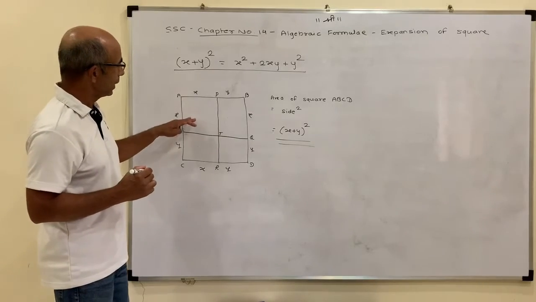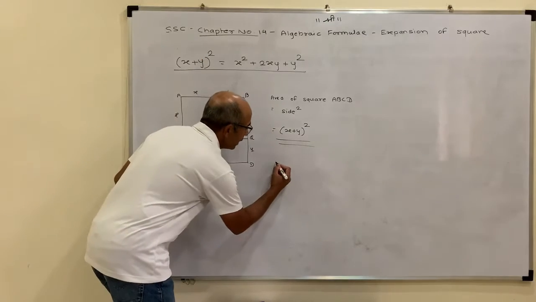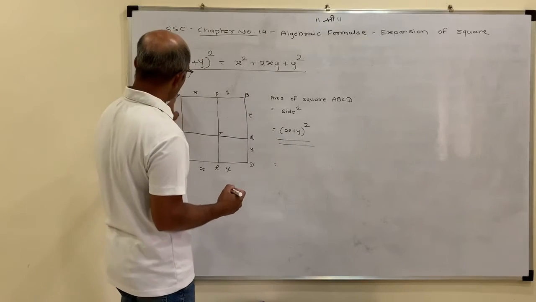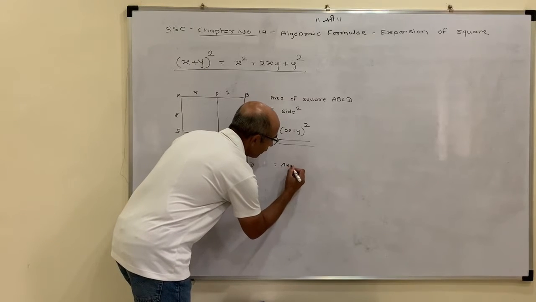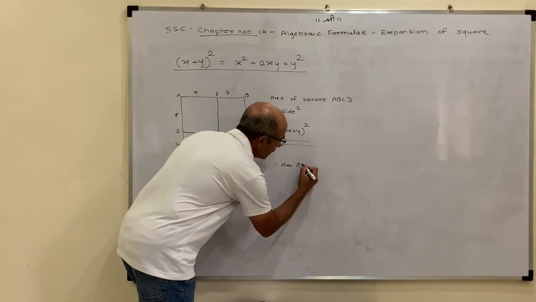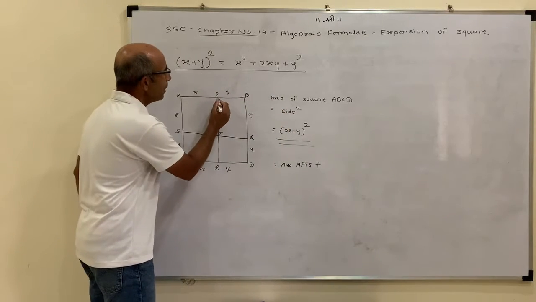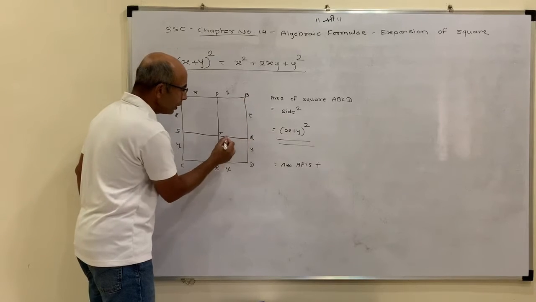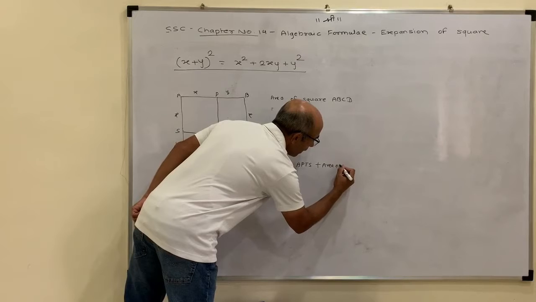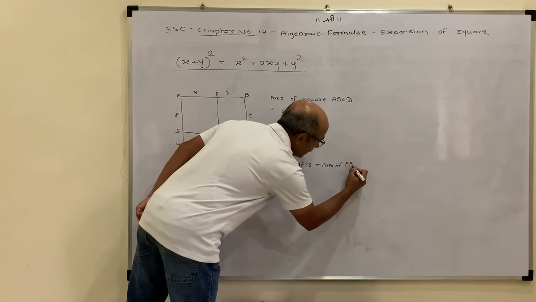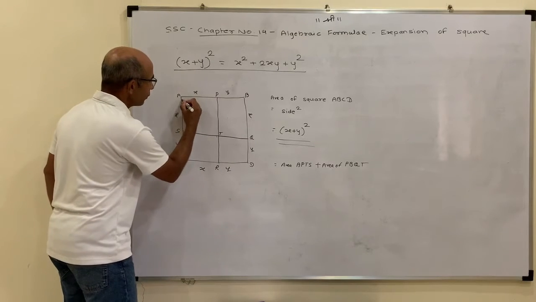So area of square ABCD equals area of APTS plus area of PBQT.